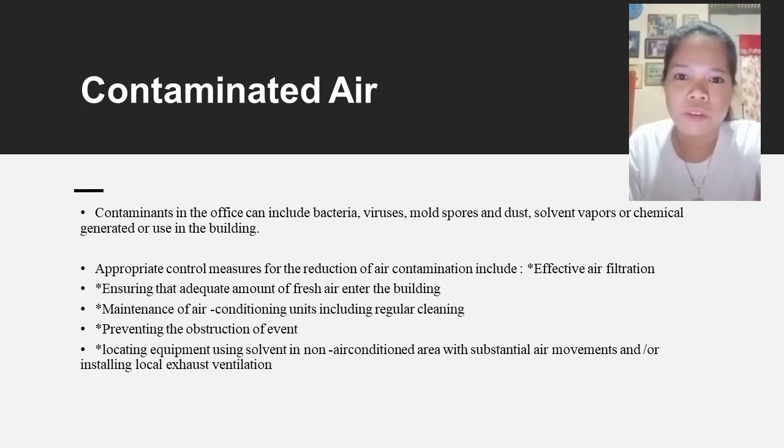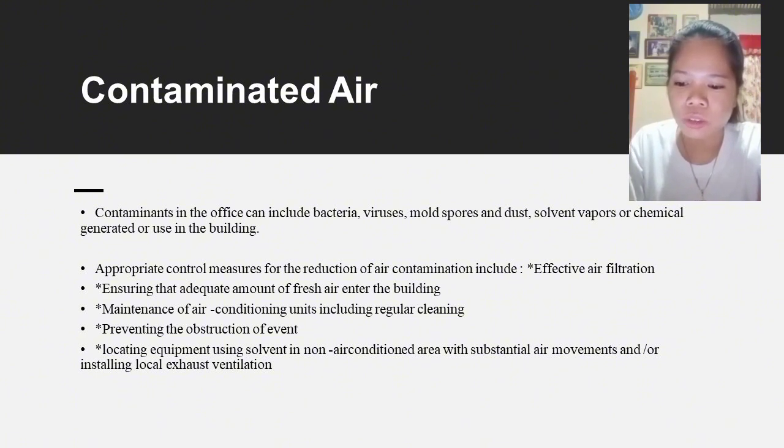Then, the appropriate control measures for the reduction of air contamination include: Number 1. Effective air filtration. Number 2. Ensuring that an adequate amount of fresh air enters the building. Number 3.